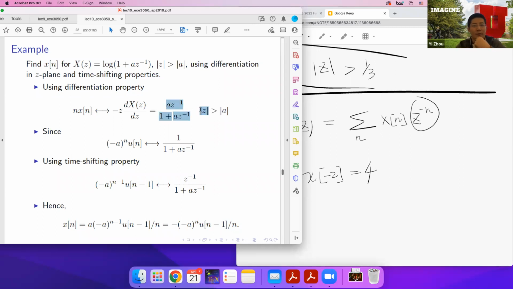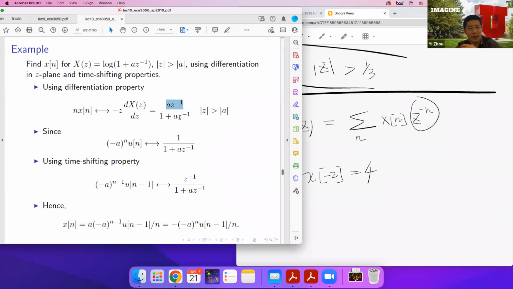And in order to find the inverse of this signal, we can see that this Z transform is slightly different from the Z transforms that are given in the table. In the table, we are given such a pair of Z transforms. The only difference is that in the numerator, we have this additional term, a times z to the power of -1.